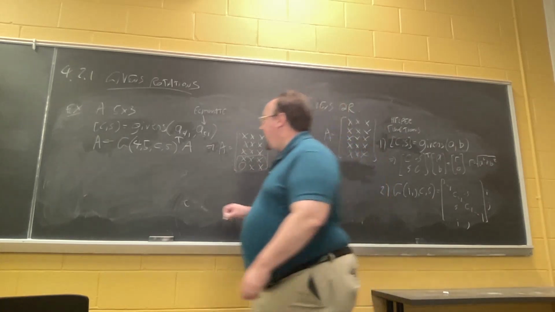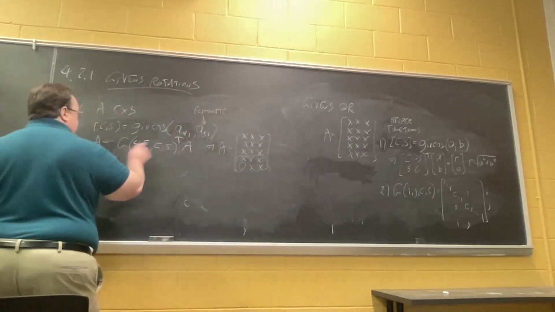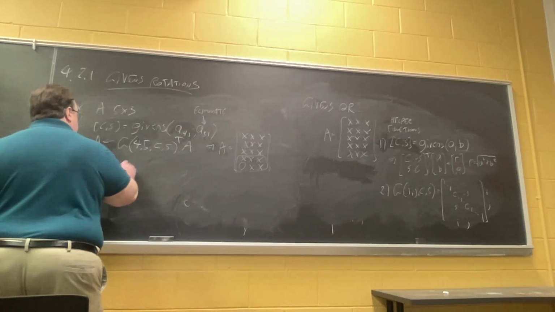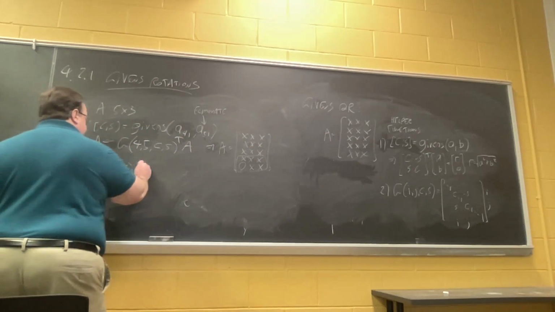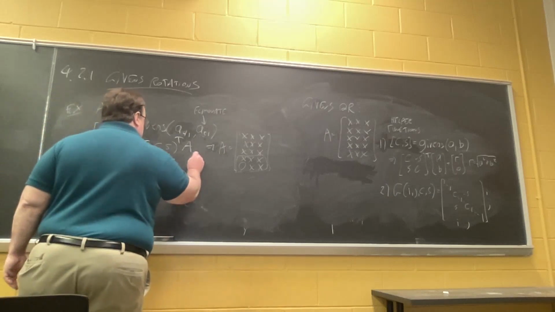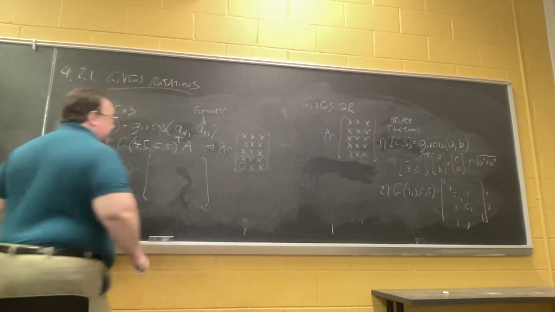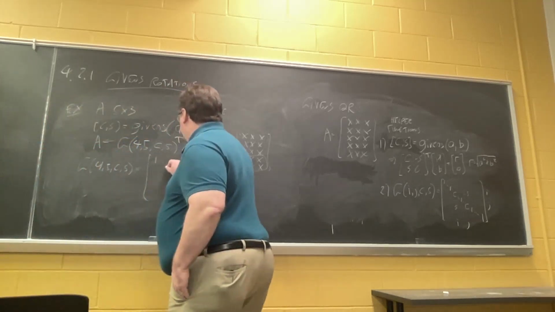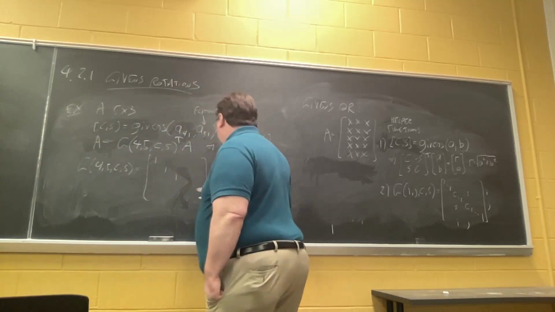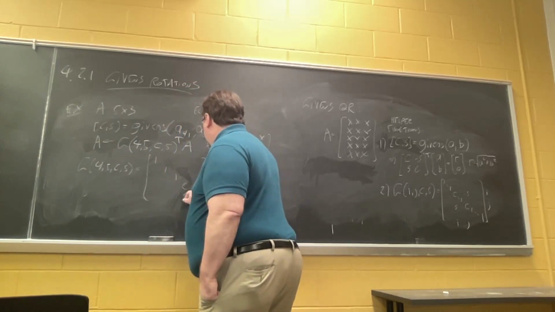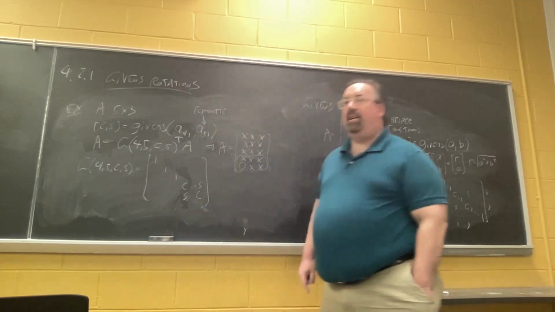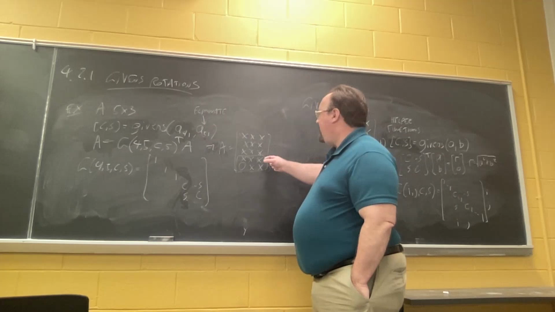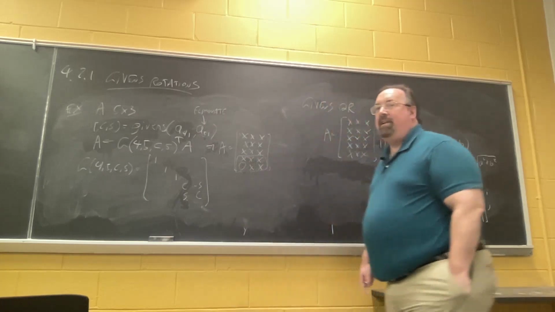Actually, I can show you what this matrix looks like in this example. It's going to be a 5 by 5 matrix because A has 5 rows. The upper left 3 by 3 block will just be identity because we're only working on the last 2 rows. And then the rotation goes down here. So it'll leave these rows alone. It will rotate these 2 so that that entry is 0.